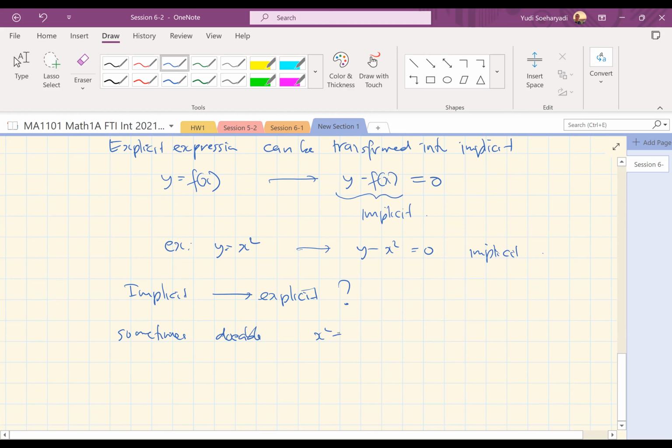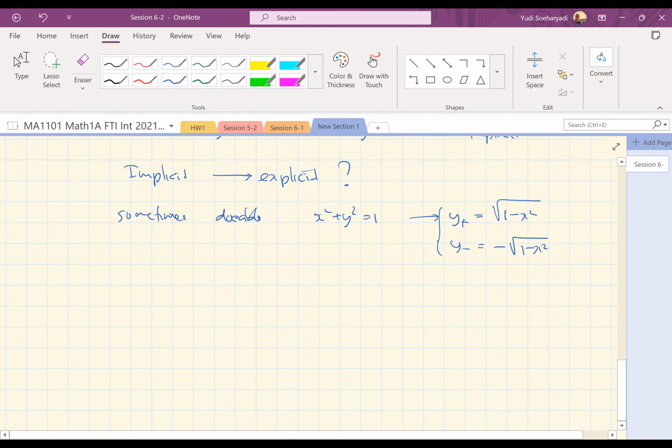For example, that thing becomes y, although you have two expressions now, not only one expression, but two. But sometimes it's just outright impossible, or at least difficult. So for example, let's make some complicated one.